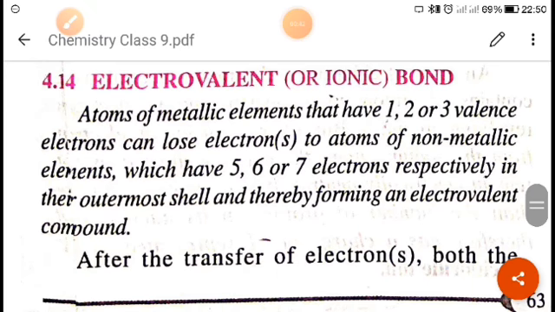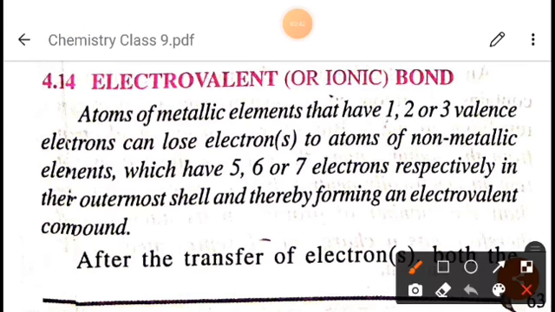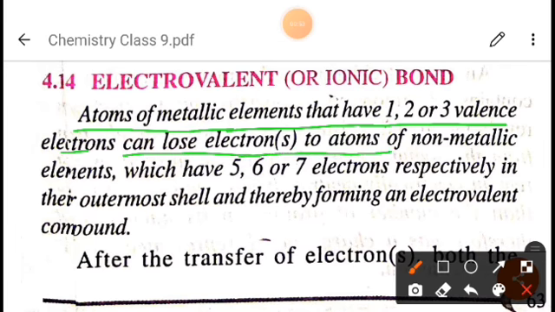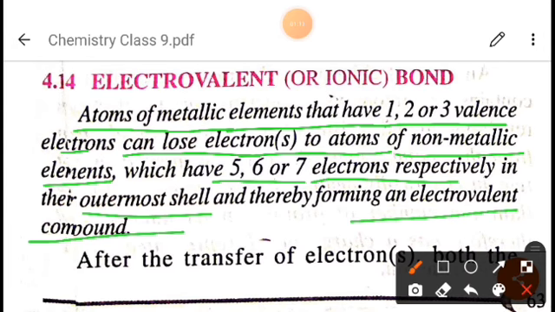When we talk about an electrovalent bond or ionic bond, as we know, atoms of a metallic element have one, two or three valence electrons, right? And they can lose electrons to the atoms of non-metallic elements, and the non-metals have 5, 6 or 7 electrons in their outermost shell, thereby forming an electrovalent compound.